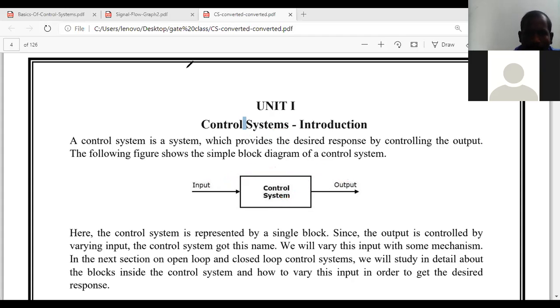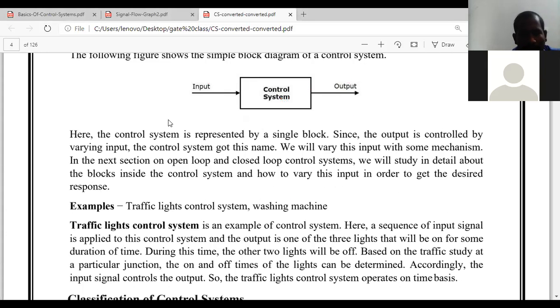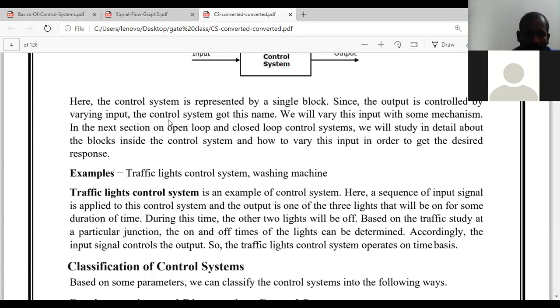Now, next, let me see some examples. The traffic light control, washing machine, ATM. Can you give some real-time example of a control system?